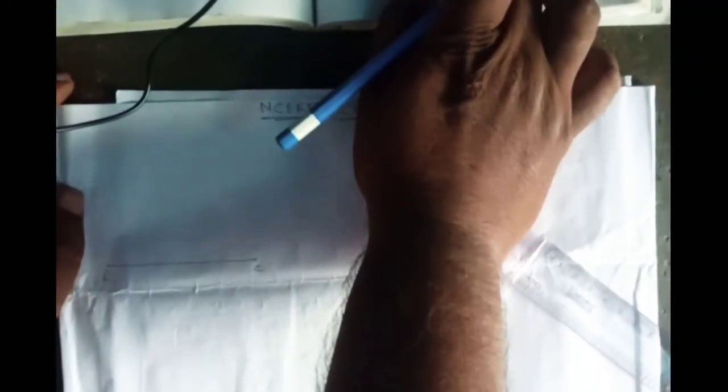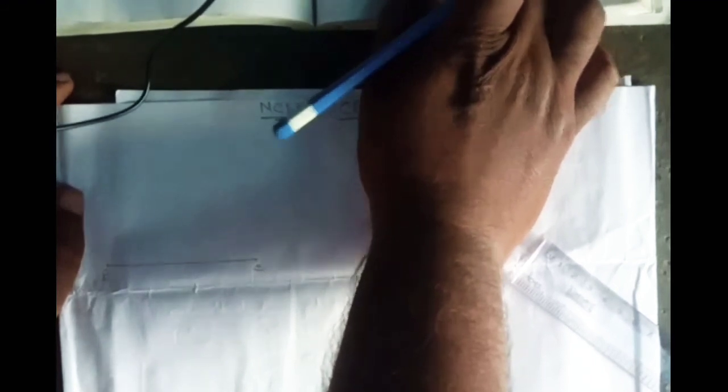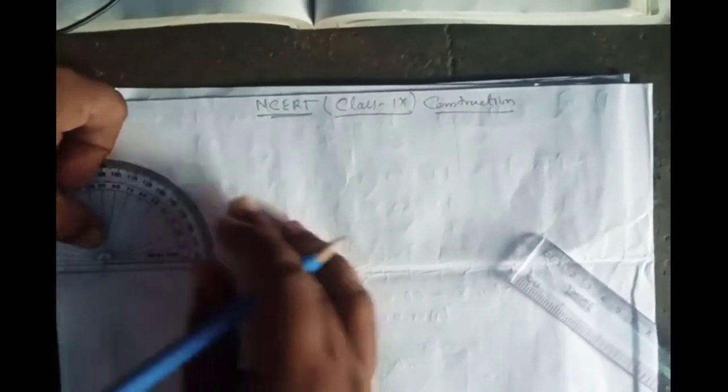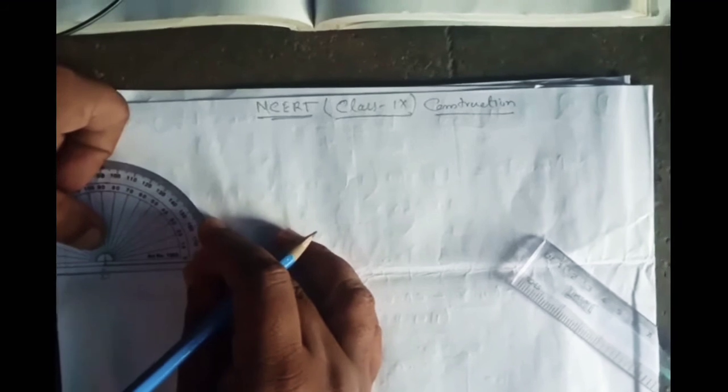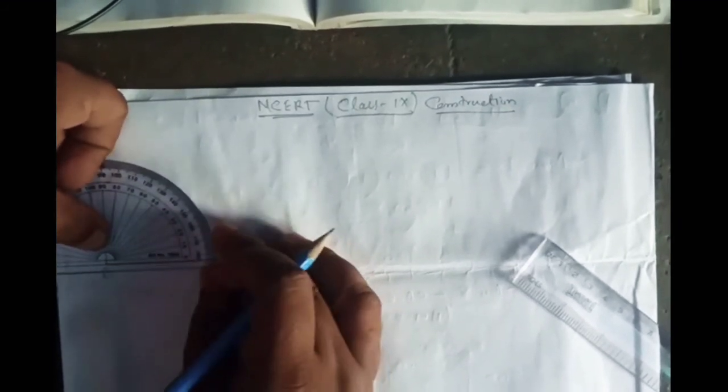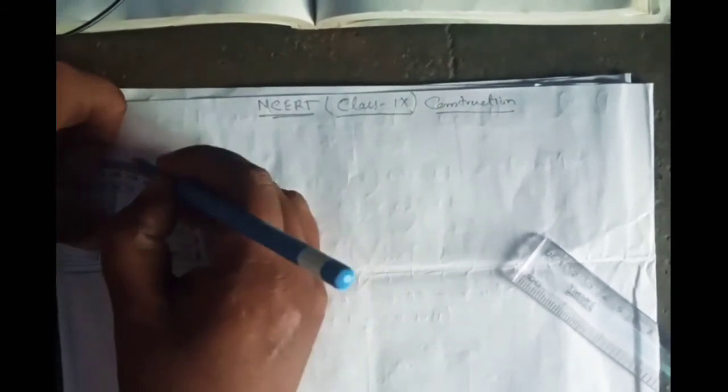This is BC as 7 centimeters. Now it's told that angle B is equal to 75 degrees, so with the help of a protractor we are drawing 75 degrees. This is 75 degrees.